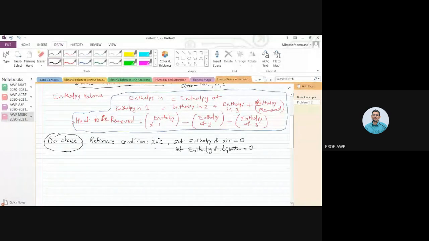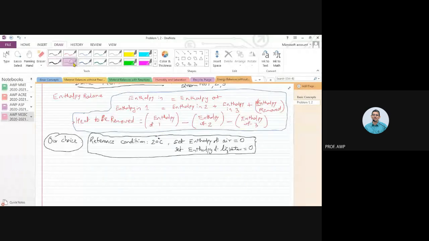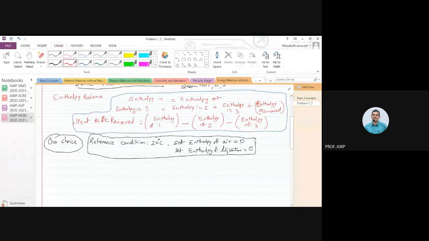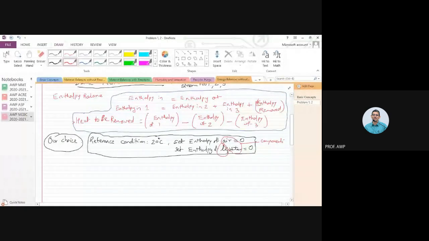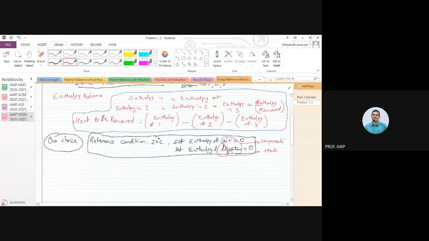In a minute, it will become clear why I took 20 degrees centigrade. But can I set the enthalpy at this reference condition of whatever components I want? So air and water are the components, and I have to also specify the state, because some component could be in the liquid state, some component could be in the gas state.